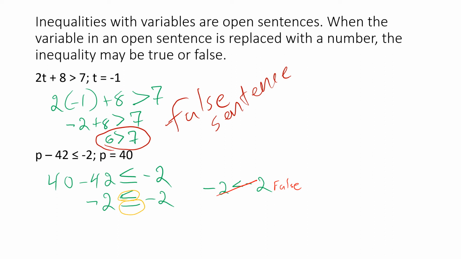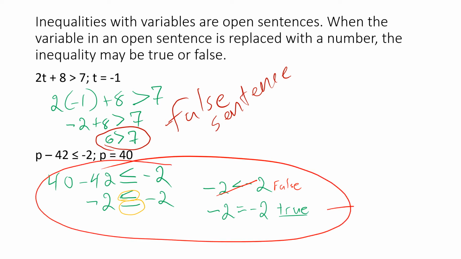If we also look at -2 equals -2, that is true. So that means that this statement as a whole is true because -2 is equal to -2. And that is because we have this sign here that says it can be either, right? It can either be equal to -2 or it has to be less than -2.